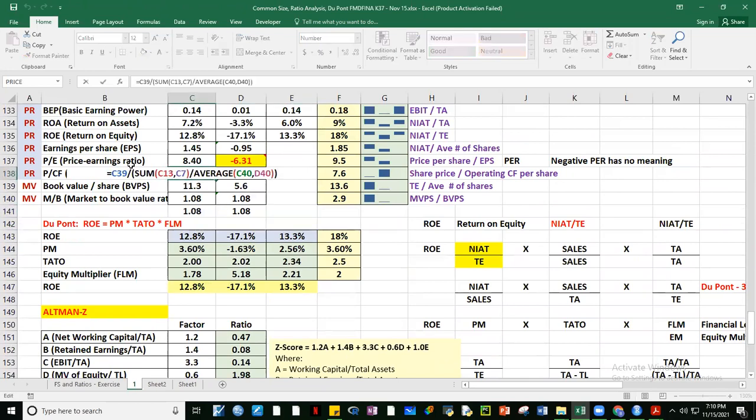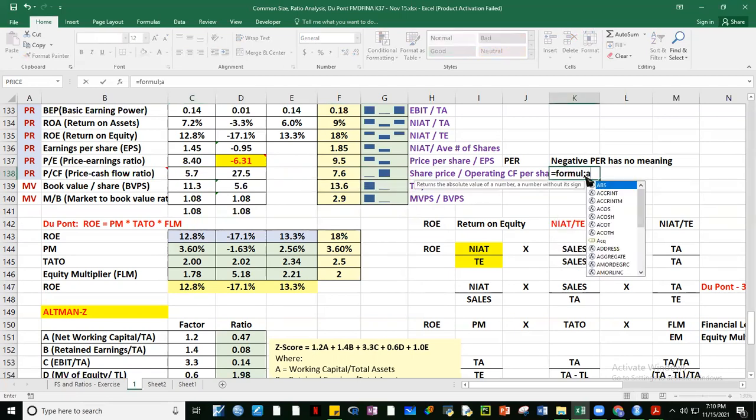So ang price natin, yung price sa taas, yung 12.17 divided by operating cash flow per share. So sinum up natin si net income after tax at saka si depreciation, and then dinivide natin ng average number of shares natin, C40 at saka D40. Okay, so let me just show the formula here. It's equal to formula text para may guide kayo.